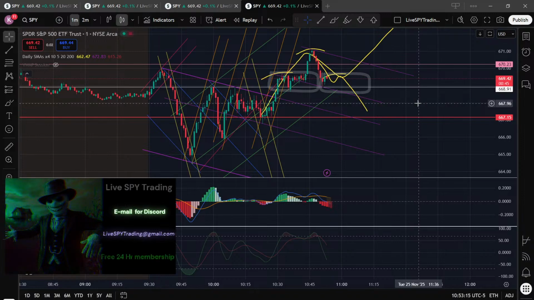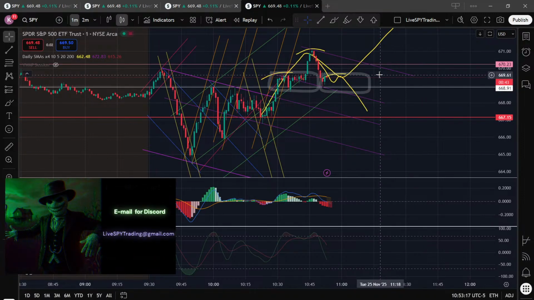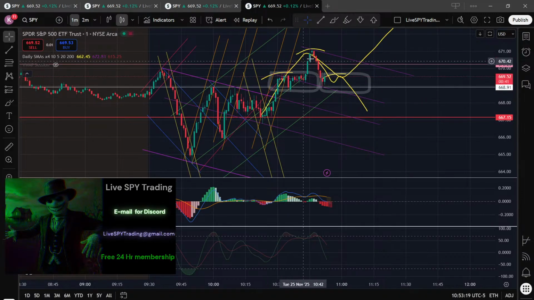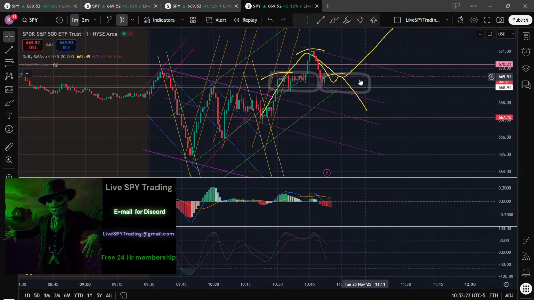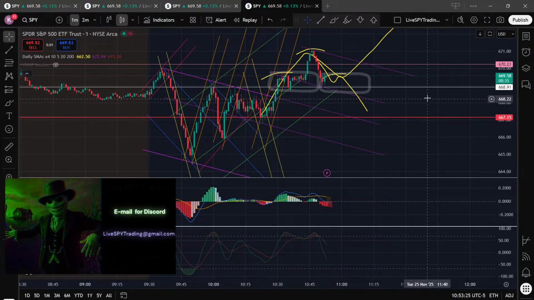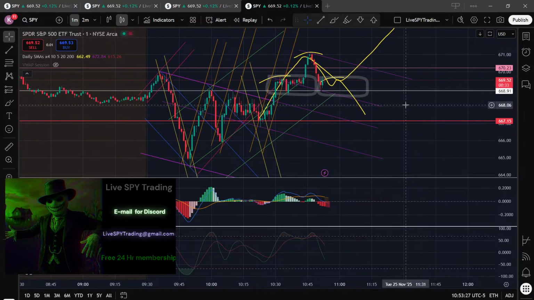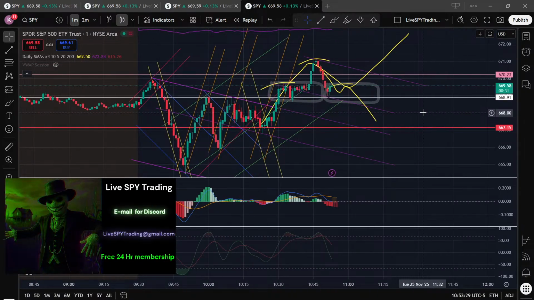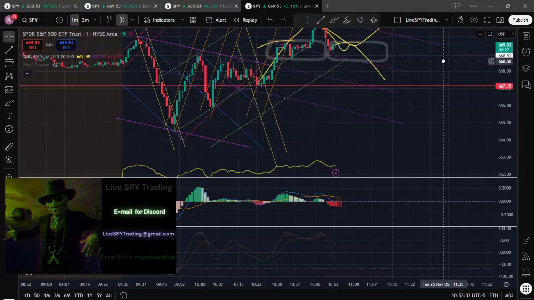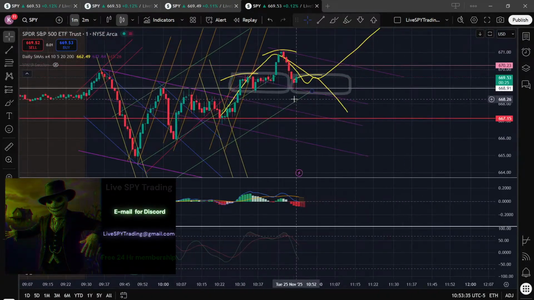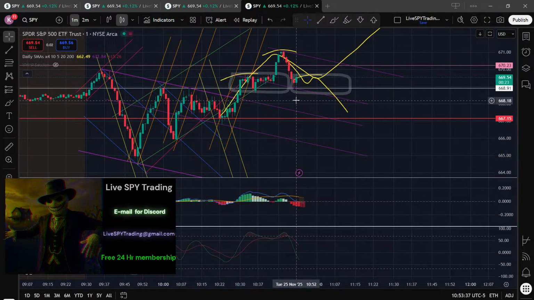Now, if the weak bear cycle is going to happen in here, then expect the bounce inside this lick box. It's going to happen, right? Watch. I'm telling you. Everything I'm saying is going to happen. I don't know why this is here. I'm going to delete this.